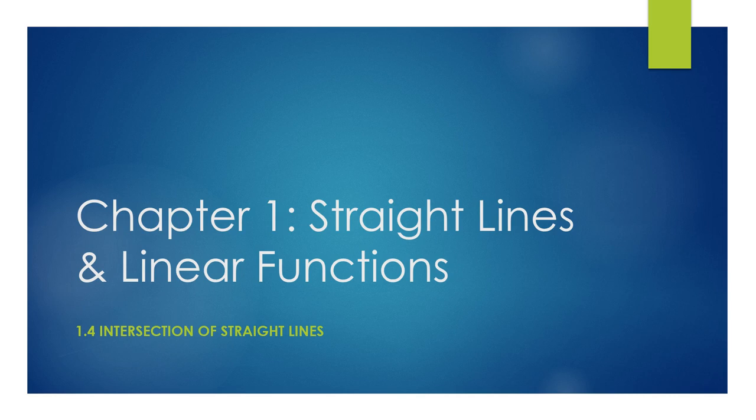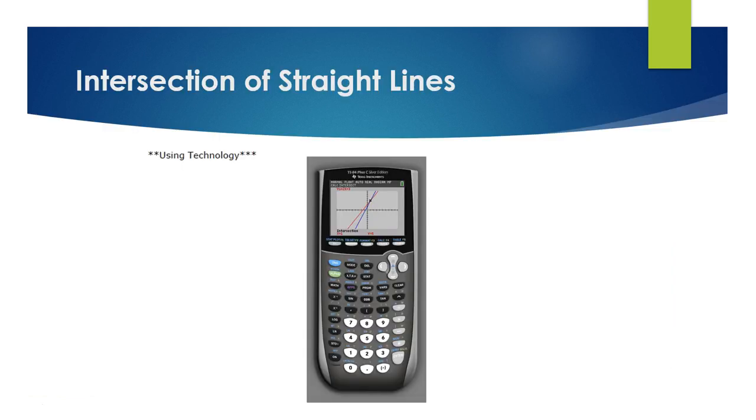The two methods we're going to look at in this unit are using a calculator to help you, or secondly, using a process known as substitution to find the solution to these kinds of questions. So the first part I'm going to do is a quick demonstration of how you can use the calculator to find the intersection of 2 points.